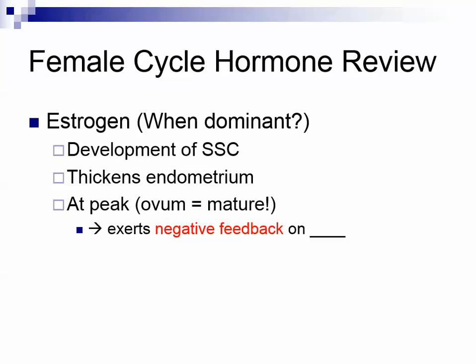So this peak level of estrogen simultaneously exerts negative feedback on the hypothalamus and positive feedback on, drumroll, the anterior pituitary, which triggers the LH surge and pops out that one ripe ovum. It's really neat how all this is synchronized hormonally.